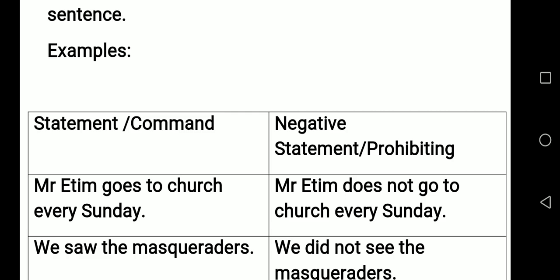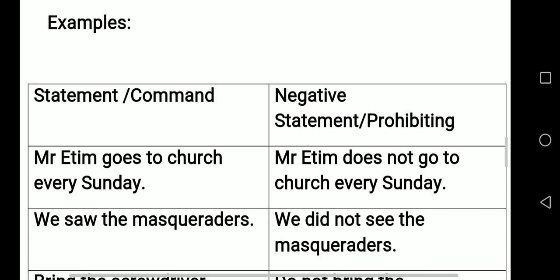So for us to make a negative sentence out of it, we must add an auxiliary verb: Mr. Etim does not go to church every Sunday. The goes will change to go, the base form of the verb, infinitive.